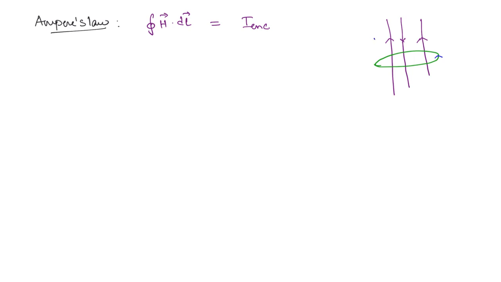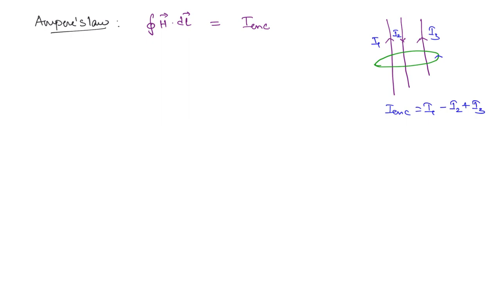So if you have here I1, I2 and I3, what is I enclosed? This is equal to I1 minus I2 plus I3. That is because this path of integration, if you see from the top, is in the clockwise direction. So you have to follow the same principle of the right hand rule.